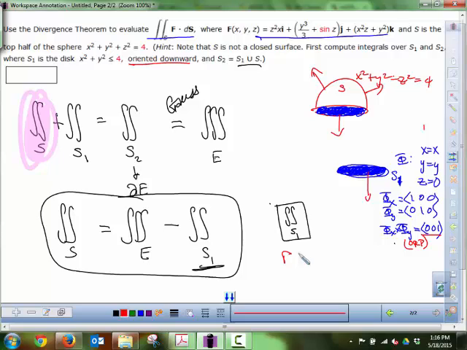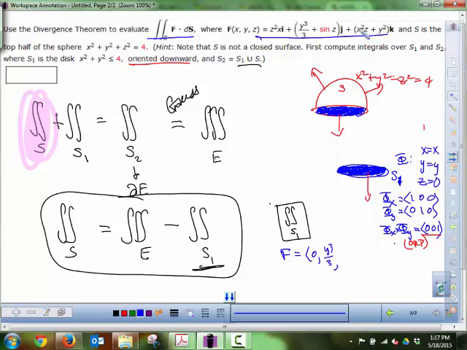So our vector field F is going to be 0. There's a 0 in the first component. Sine of z is 0, right? So that's just y cubed over 3, but you know that's not going to matter.